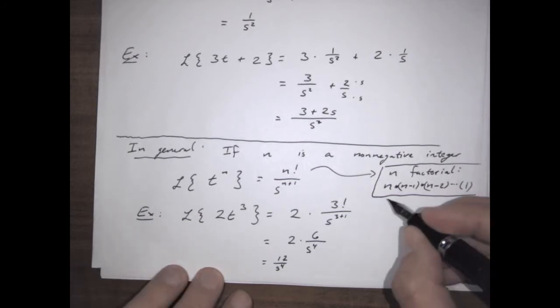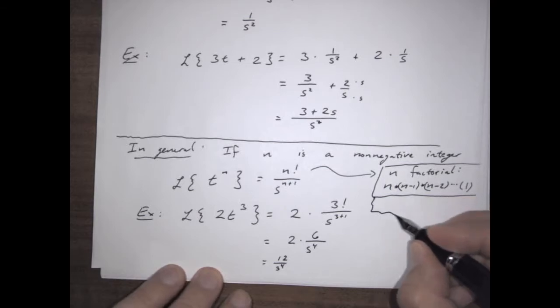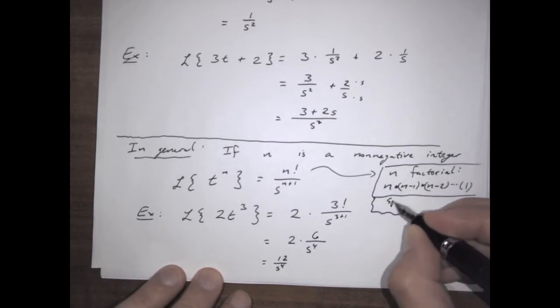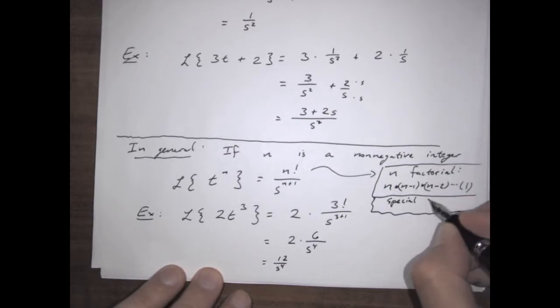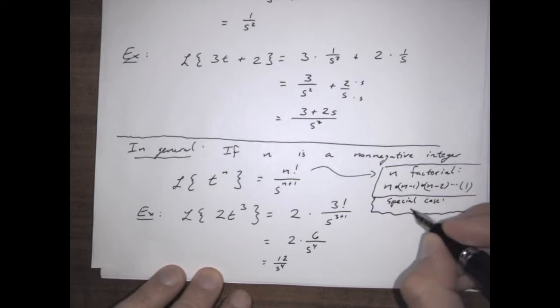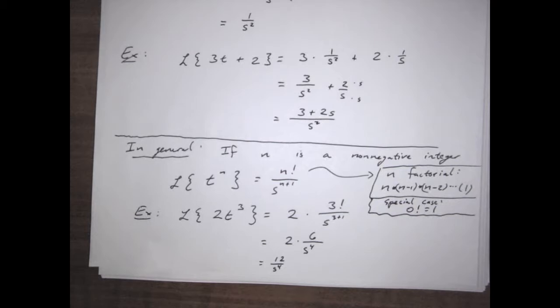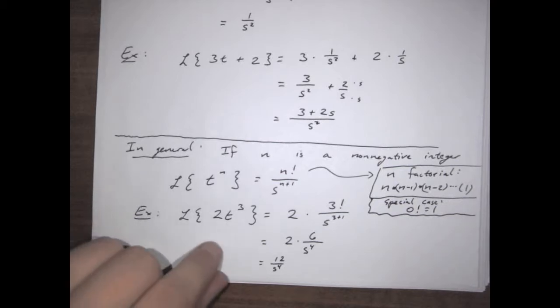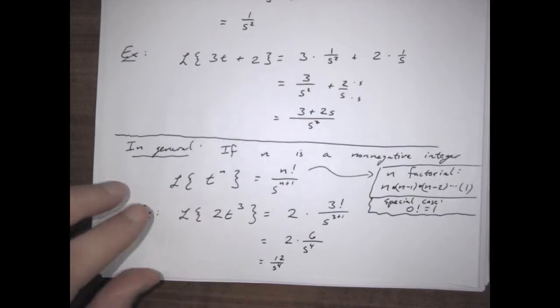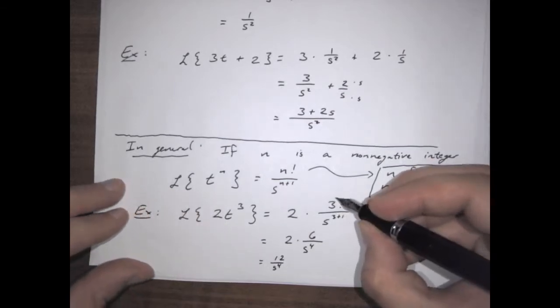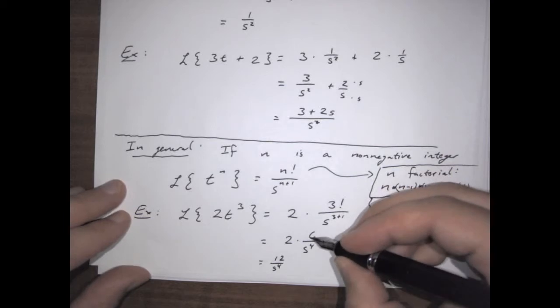Oh, and specifically, in case you haven't ever seen it, a special case: 0 factorial equals 1. To learn more, Google factorial. So 3 factorial is 3 times 2 times 1, which equals 6.